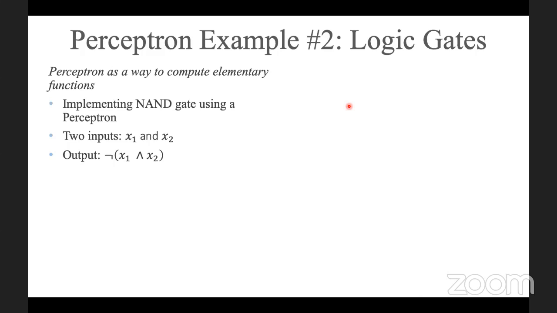Say it's 1 when the input is less than 0.75 and 0 if it's greater than that. The weights are 0.5 and 0.5 and the bias is just 0.